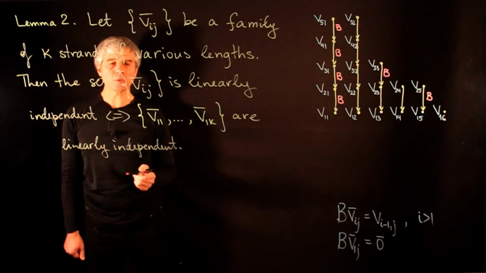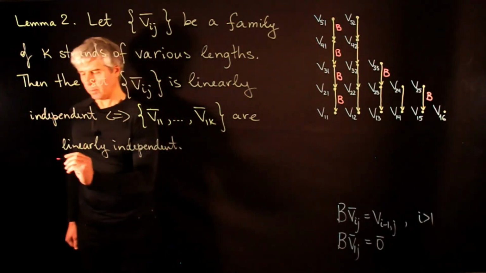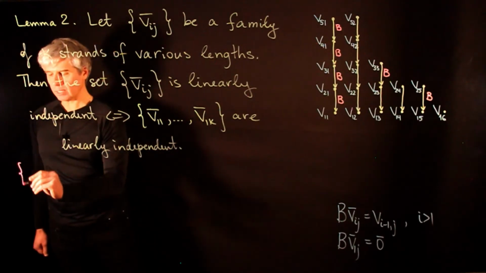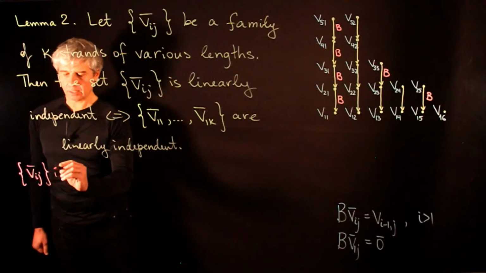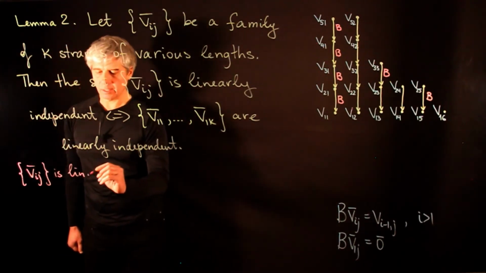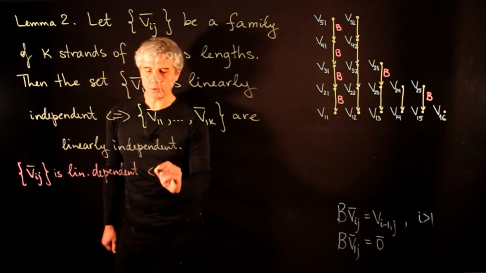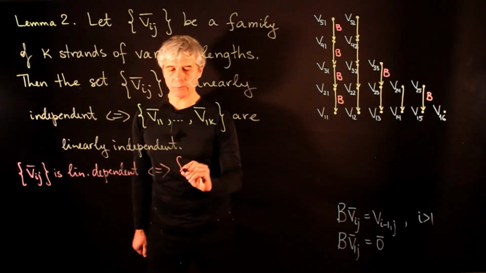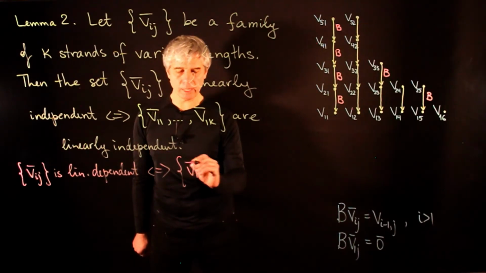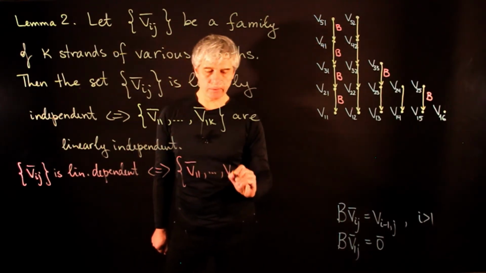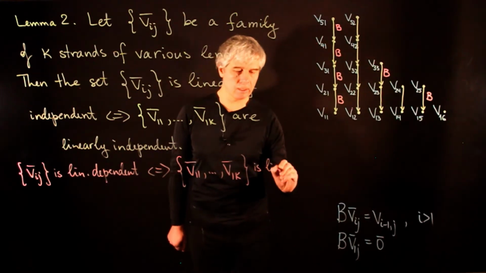Since it's easier to formulate when a set of vectors is linearly dependent, we will actually be proving the statement that the set Vij is linearly dependent if and only if the set of vectors at the bottom layer, v11 through v1k, is linearly dependent.